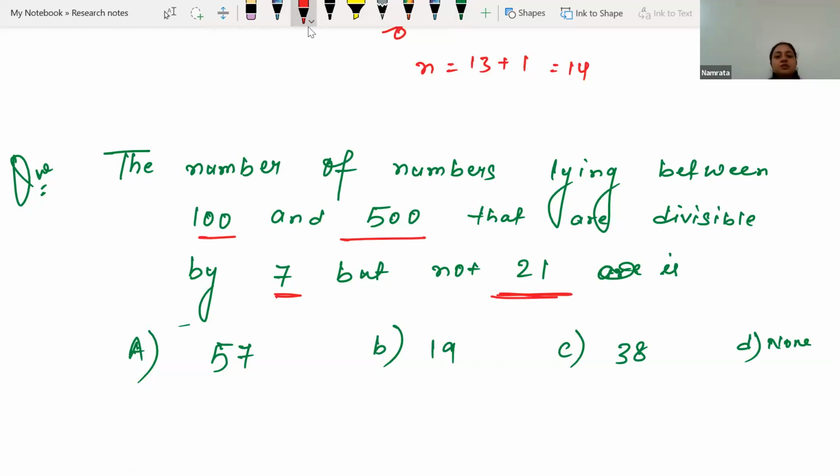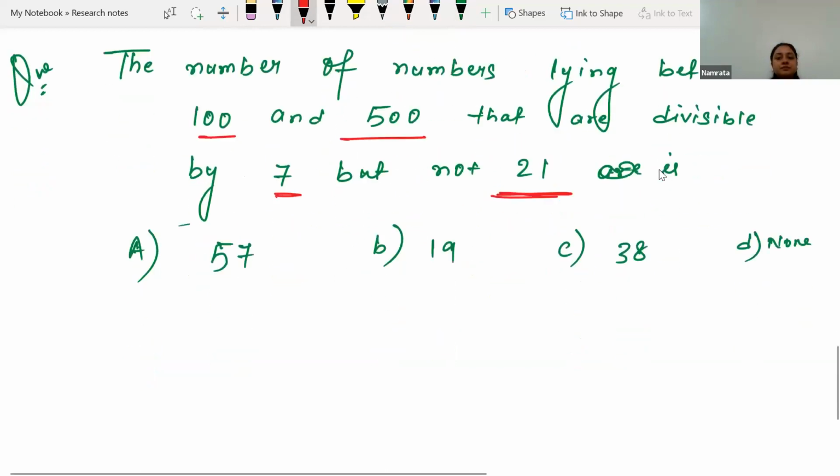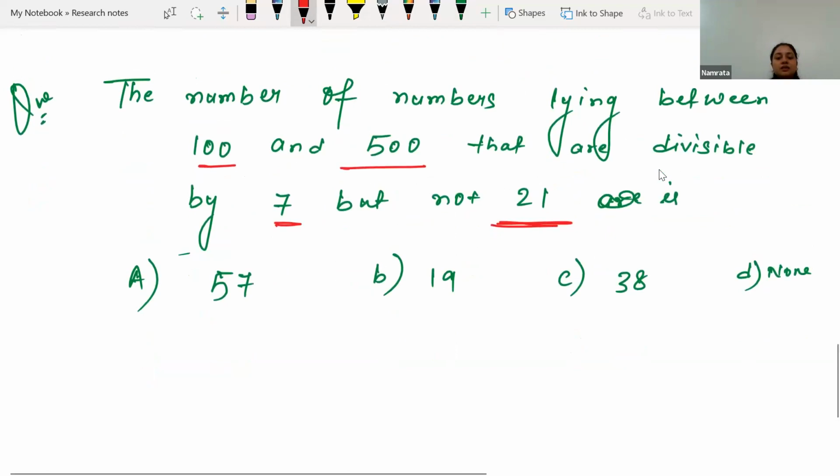So first thing first, can you tell me what we can do at first over here? Any idea? Let's see how many numbers are there in between 100 to 500 that are divisible by 7 first. Then we will think about the numbers which are not divisible by 21.